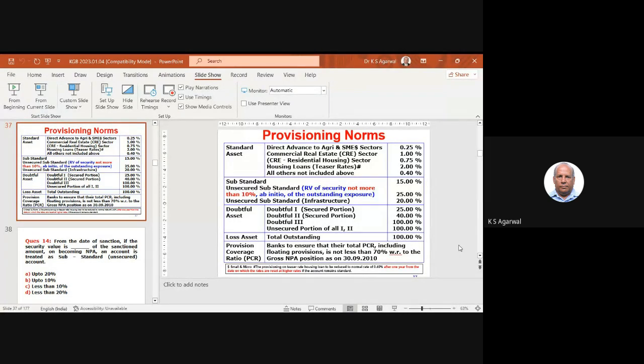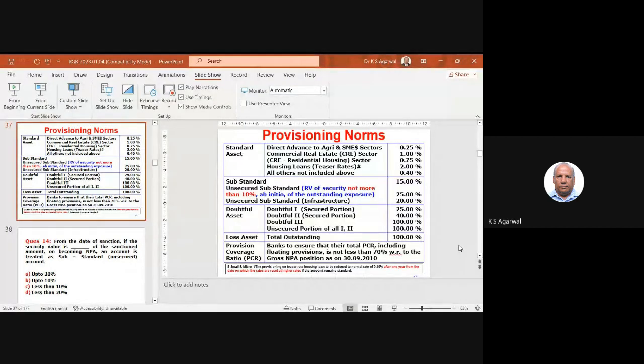For doubtful asset, DB1, DB2, DB3, everywhere we will be having some security. So my outstanding balance has to be classified in two portions.